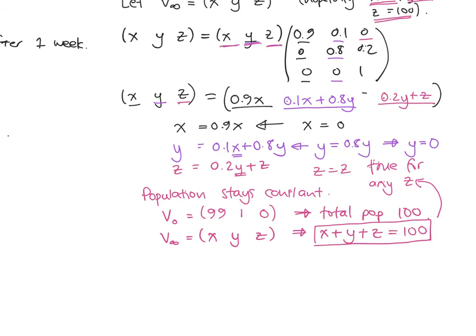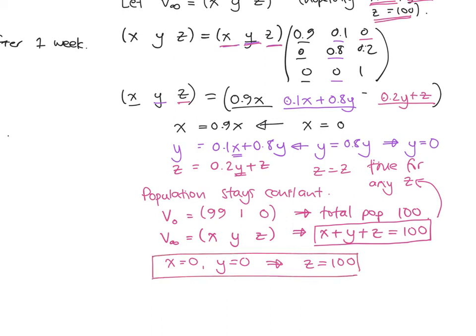So we know that since x equals 0 and y equals 0, we must have that z is equal to 100, which was what we wanted. So our steady state solution has no people who are susceptible, no people who are infected, and 100 people who are recovered.